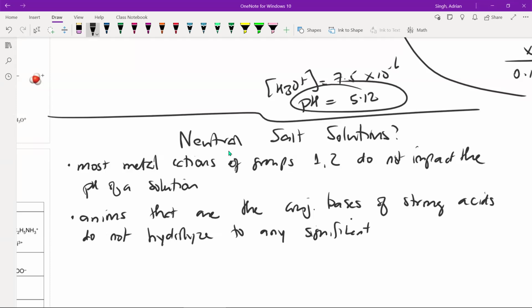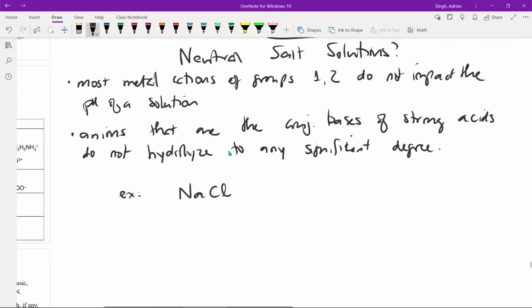So if you have a salt such as NaCl, what are the ions that we have present? Well, we have Na plus and we have Cl minus, right? The Na plus is a group 1 metal ion, so no effect on the pH.